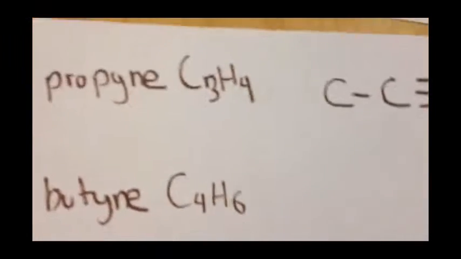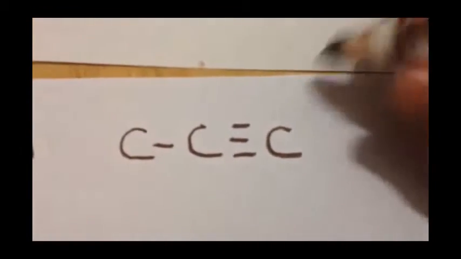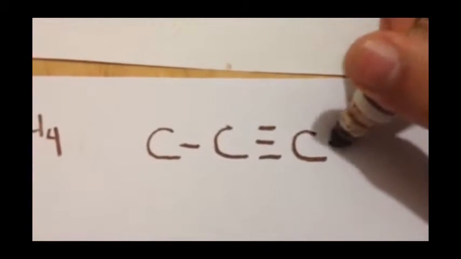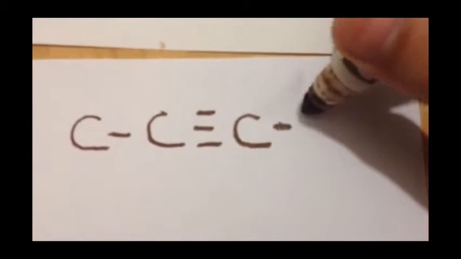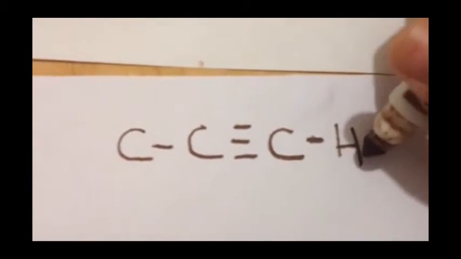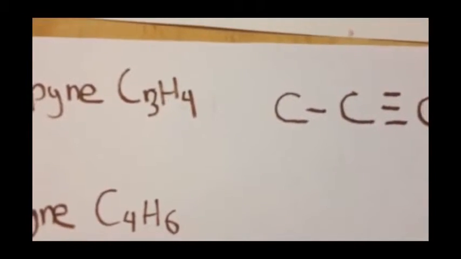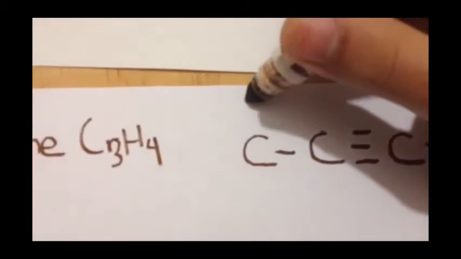And then for the hydrogens, first we will put a hydrogen here at the end, and then on the first carbon we're going to write the 3 single bonds to the hydrogens.